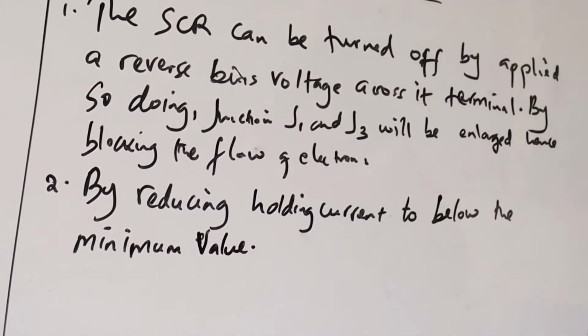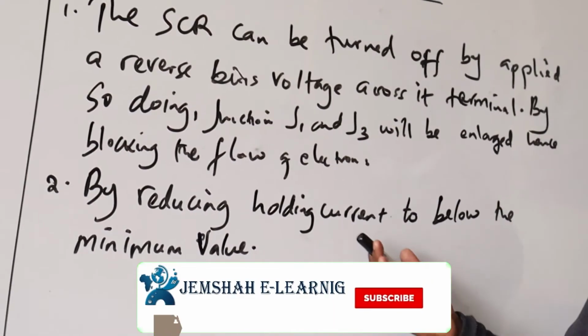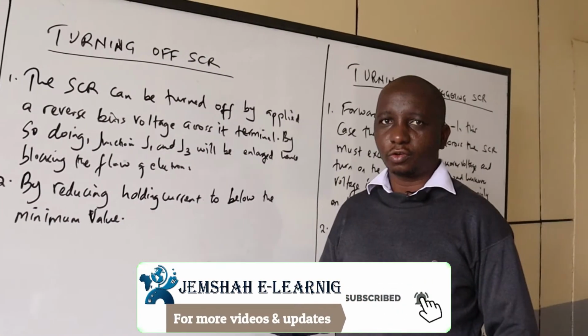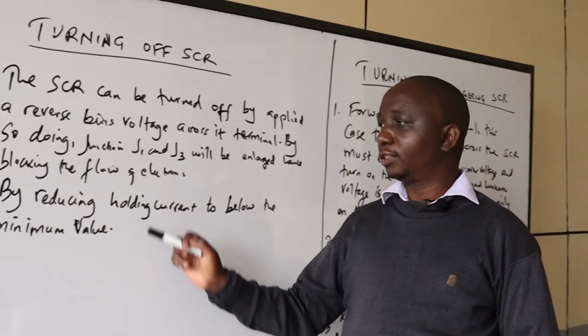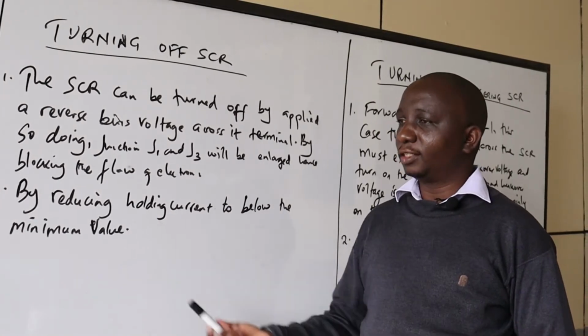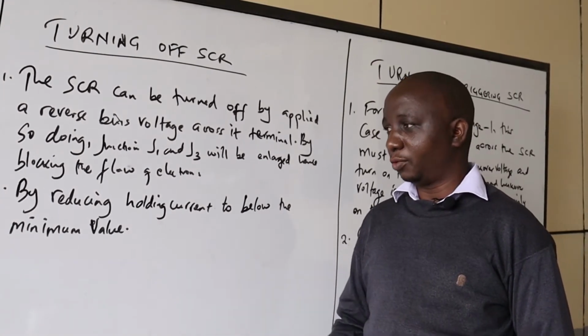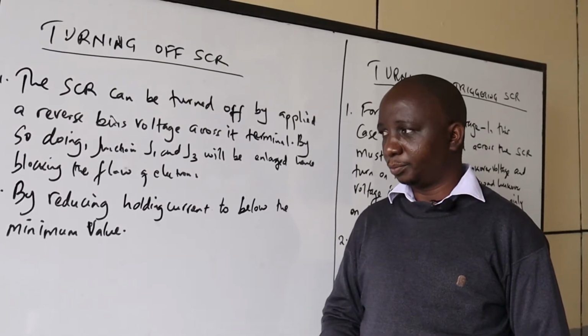Take note that the holding current is the minimum current that we require for the SCR to remain conducting. So once this current is reduced below the holding current, automatically the SCR will not conduct, because for it to remain conducting, we must have the holding current.